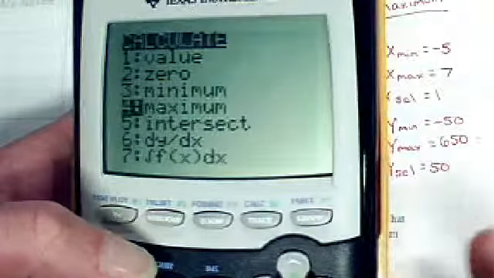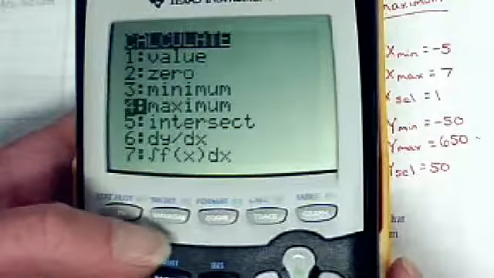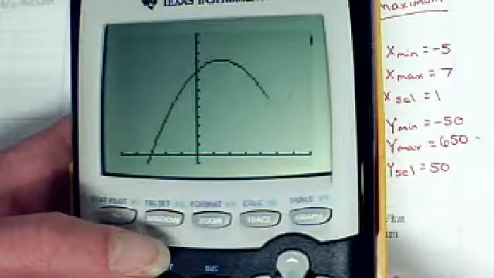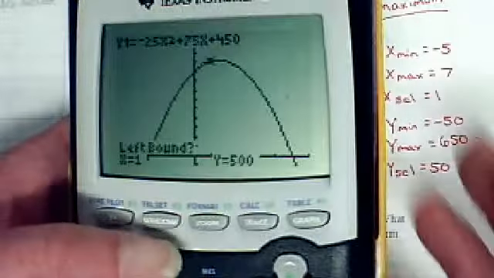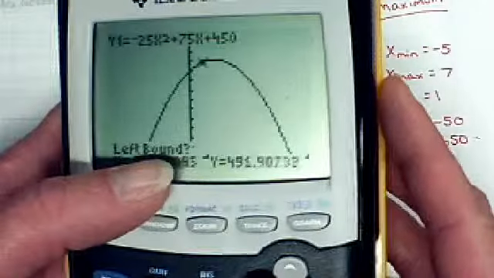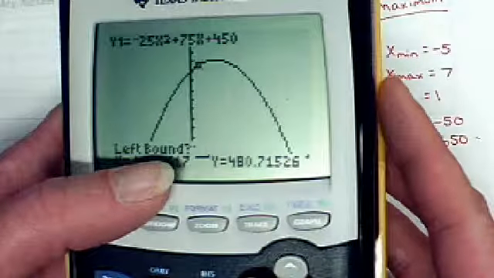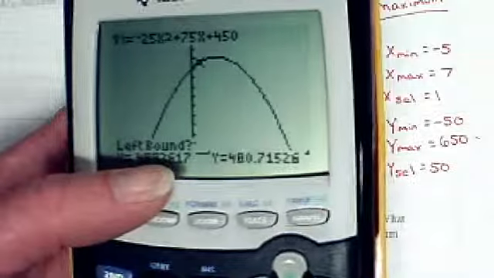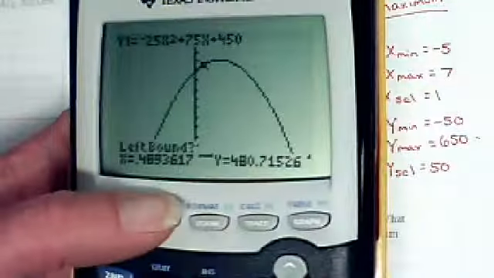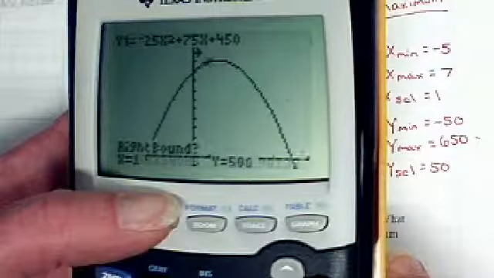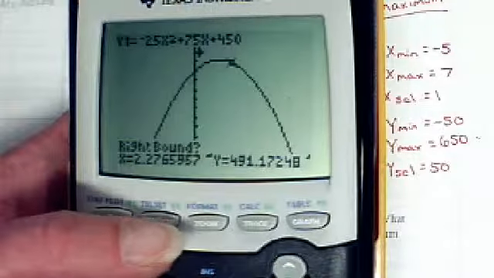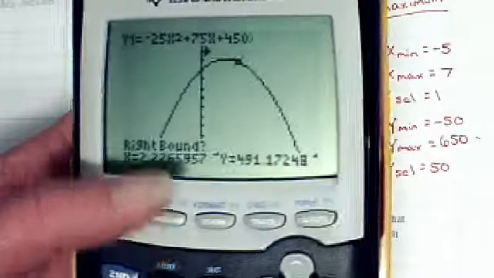The maximum function finds the maximum value of a graph. Now, it doesn't find it all by itself, though. You have to help it zoom in. Left bound means go to the left of where you think your maximum is, and then press enter. So I am well to the left of where I think it is, and I'm going to press enter. Right bound means go to the right of where you think that maximum value is, and press enter.